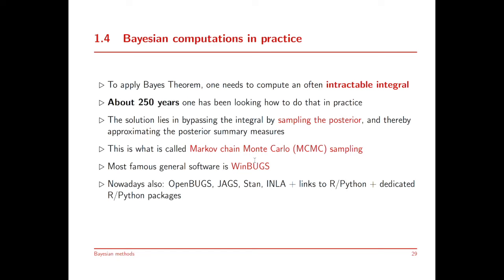And together with the software WinBUGS, it caused a revolution in Bayesian statistics, but I could say in general in statistics. After the introduction of WinBUGS, also other software appeared, like OpenBUGS, JAGS, Stan, INLA, plus links to R and Python, and many dedicated R and Python Bayesian packages appeared since then.